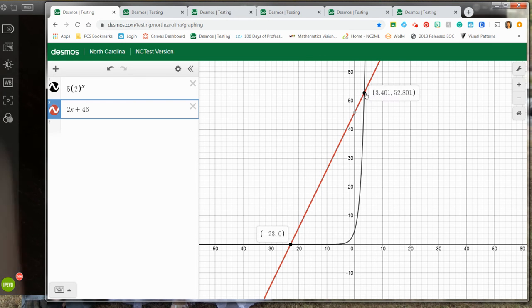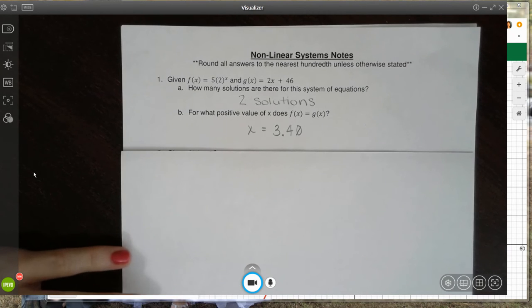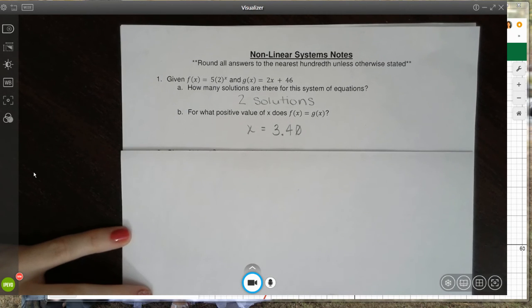So I'm going to go to the other intersection point, and it says round to the nearest hundredth. So that means I want 2 decimal places. So my x value would be 3.40. And that would be the positive x value where f of x is equal to g of x.